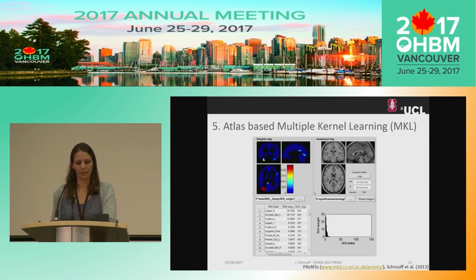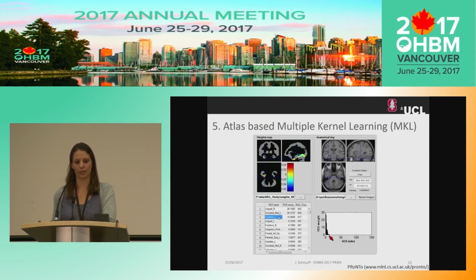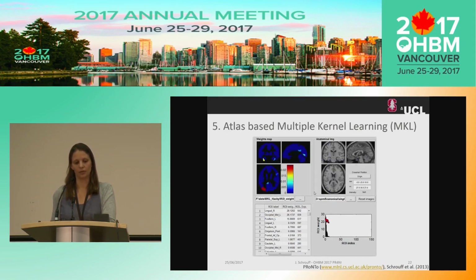Here we see the weight, the contribution of each region, against the index. There are 116 regions, and we see that this is very sparse. There are only 13 regions that contribute to that model. We can see the list, and they have names, and they are anatomically or functionally relevant based on which atlas you've chosen.